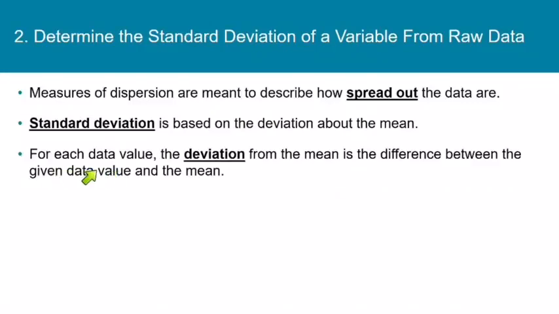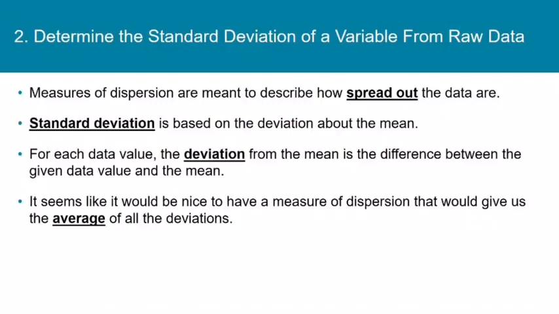Well, for each data value, the deviation from the mean is the difference between the given data value and the mean. Now it seems like it would be nice to have a measure of dispersion that would give us the average of all the deviations, and that way we would have an idea of what a typical deviation is.